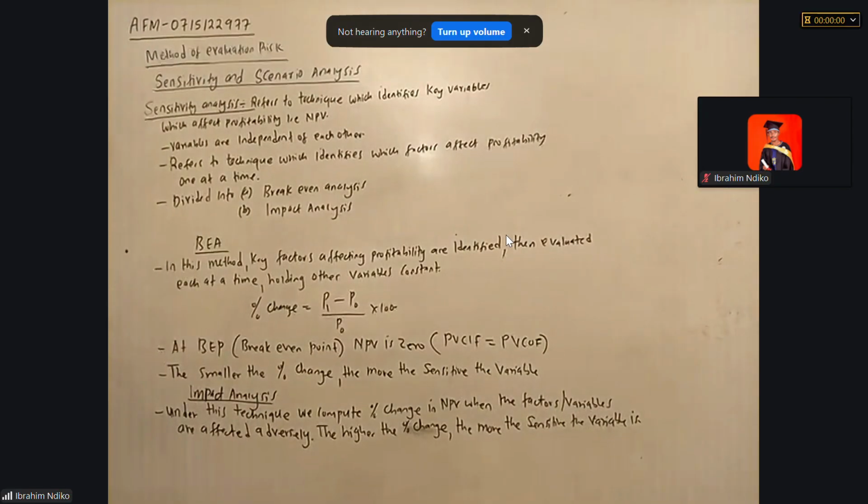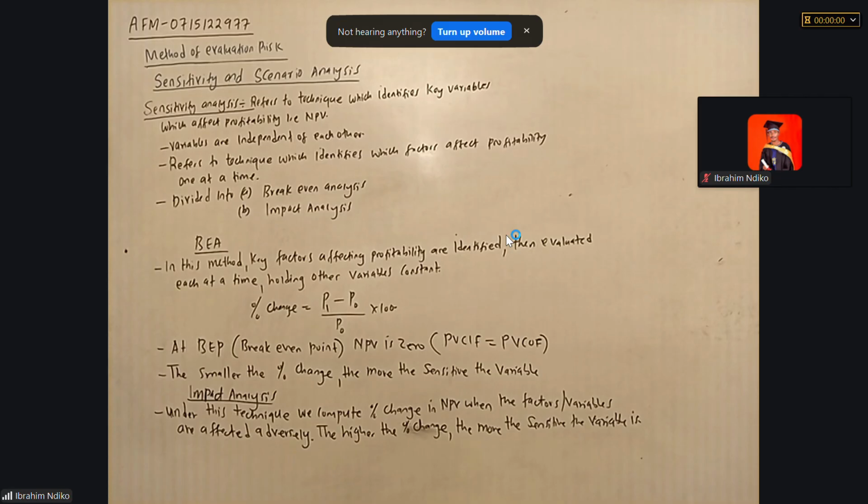Now, we are going to wrap that one so that we can talk about scenario analysis. But remember, we need to do a question for breakpoint analysis and impact analysis. But because we were doing the question for April, let us now introduce scenario analysis.